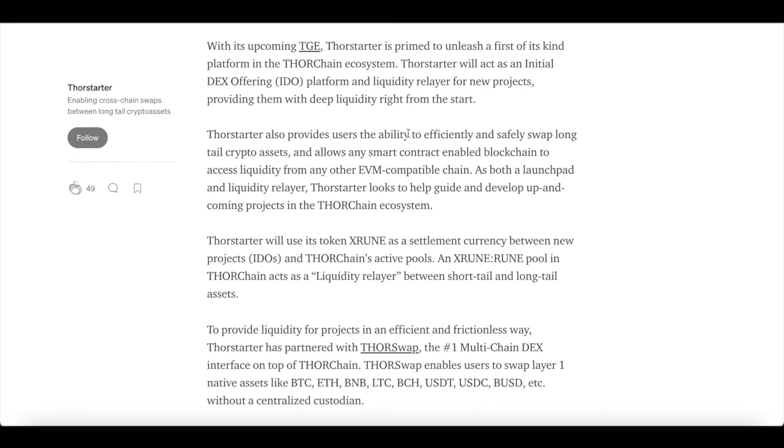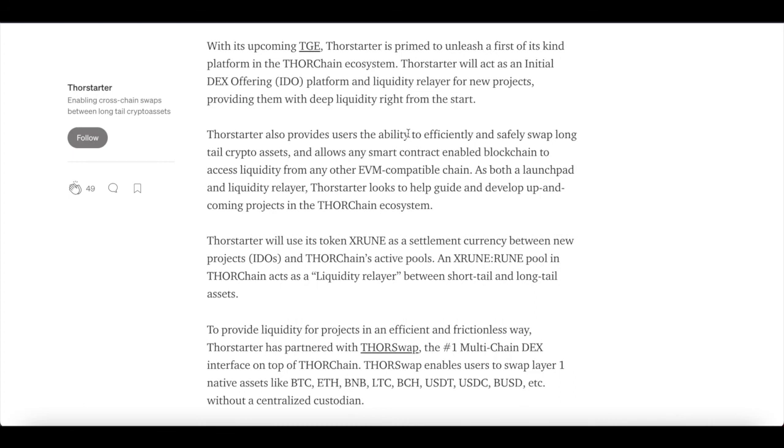Now, as both a launchpad and liquidity relayer, Thorstarter looks to help guide and develop upcoming projects in Thorchain's ecosystem. So Thorstarter will use its own token, XRune, as a settlement currency between new projects, IDOs, and Thorchain's active pool.